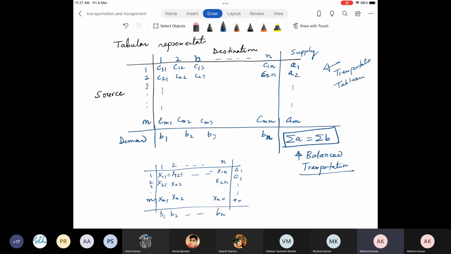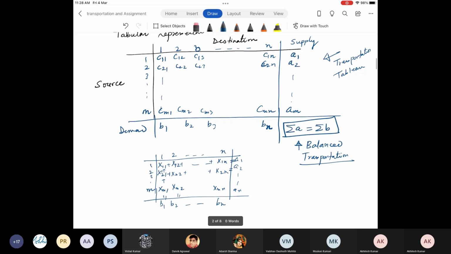If you sum all these, this should equal A1. If you sum all these, this should equal A2. Similarly, column-wise, if you sum all these, this should equal B1, B2, and so on. That is your constraints. Clear so far, guys?